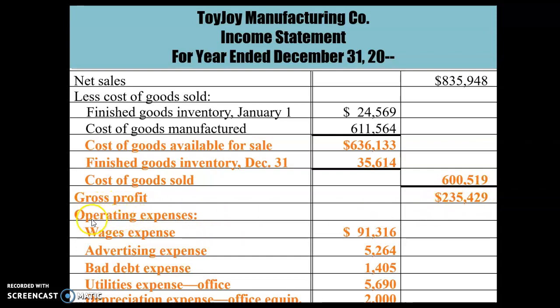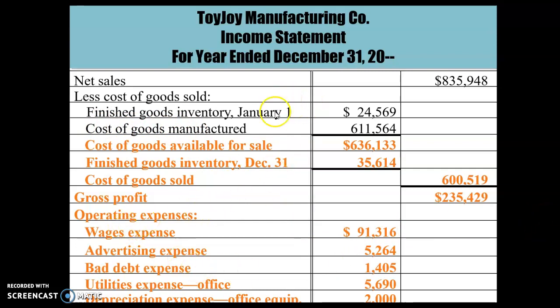Then we go on to the operating expenses. These are our period expenses. In other words, our expenses related to the office. So here's wages expense. These are the gross wages of the people that work in the office. The wages of the people that worked in the factory are part of direct labor and indirect labor that got part of this cost of goods manufactured.